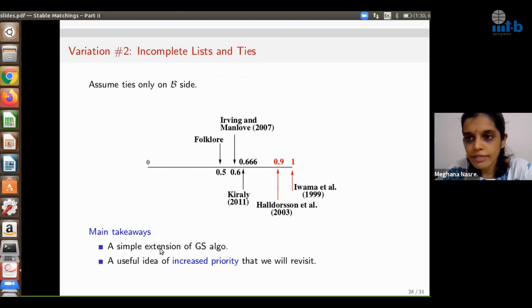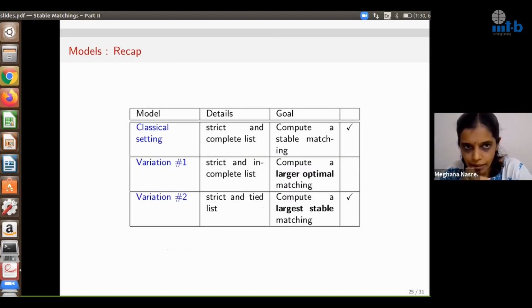And what we see is that it's a simple extension of the Gale-Shapley algorithm, and this very useful idea of increased priorities, which we are going to revisit in the second variant that we are going to look at. I mean, second, or in fact, the first variant that we have proposed, and we are going to look at that.